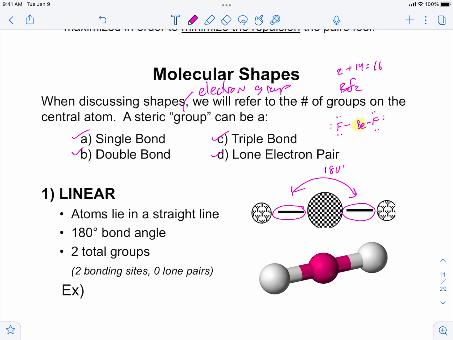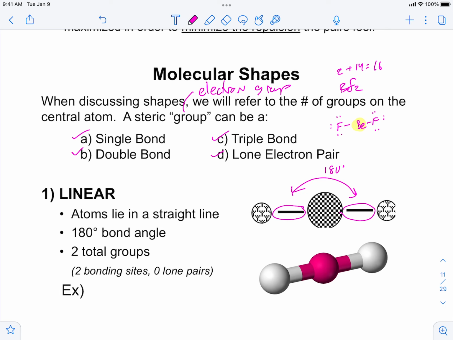However this molecule turns, if this pair were to shimmy over and move in this direction, this other pair of electrons would respond by being pushed away from it. So they will always settle in a position where they're as far apart from each other as possible, and that means the largest bond angle possible, 180 degrees. So when there are 2 total groups, which in this case means 2 bonding sites and no lone pairs, the molecule looks like this, and the name is called linear.